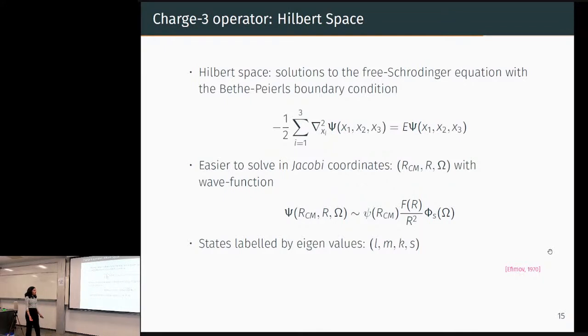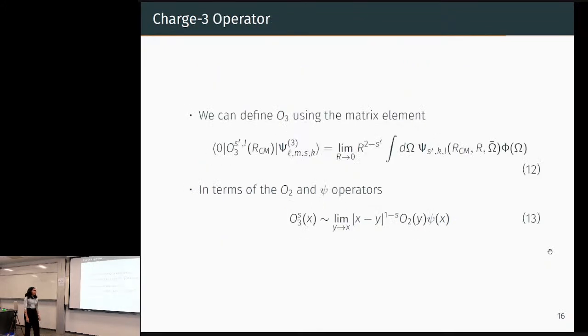Since we have all of these eigenvalues, we can define an infinite number of charge 3 operators labeled by all these different values, the angular momentum label and the S label. This will depend on the details of how the wave function looks, and it has a slightly more complicated form.